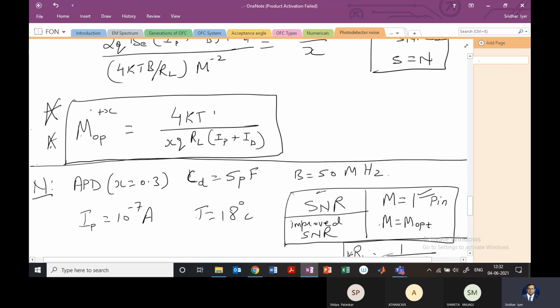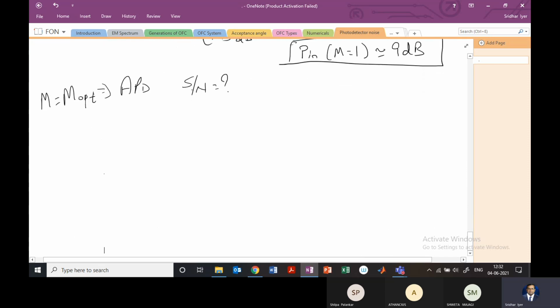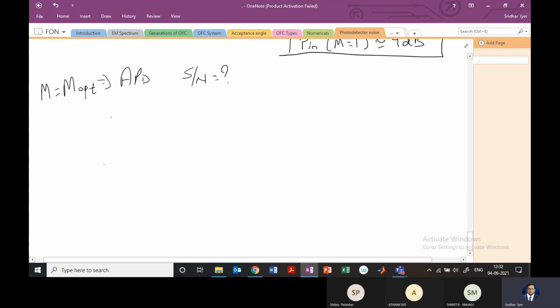So m optimum raised to 2 plus x is equal to this value here. The right-hand side of this equation will have the thermal noise, and it will have the shot noise in the denominator. I'm going to rewrite that equation for an APD with an optimum value of multiplication factor.